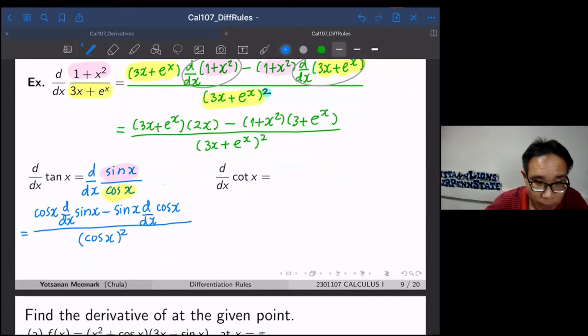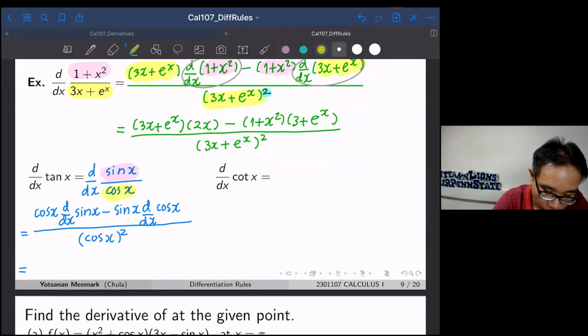Okay, and then we're going to have to differentiate sine and differentiate cos in this case.